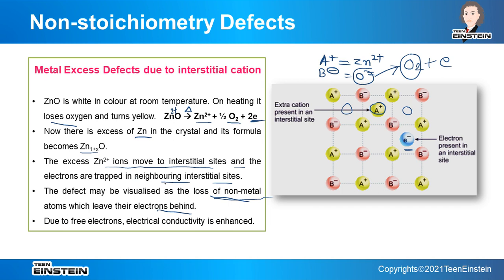So due to these free electrons, electrical conductivity is increased, because free electrons are present in the interstitial sites. Electrical conductivity may be because of free electrons and also because of holes. Because of holes, electrical conductivity we have already seen in the case of Schottky and Frenkel, right?